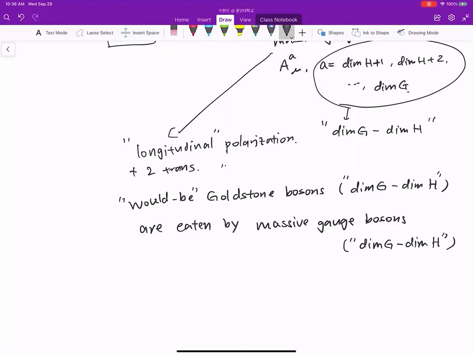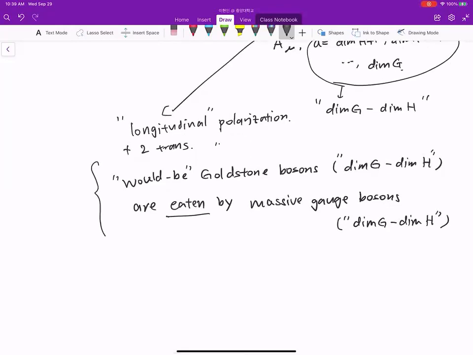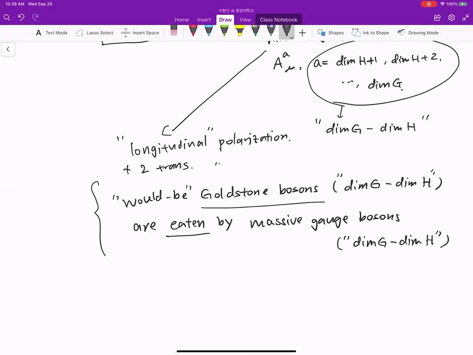But these are otherwise a concept. This symmetry is not local symmetry; in the global case the degrees of freedom will be physical Goldstone bosons. So these are eaten by massive gauge bosons. So you have the correct counting of the number of degrees of freedom, and then you don't have to discuss the Goldstone bosons anymore.